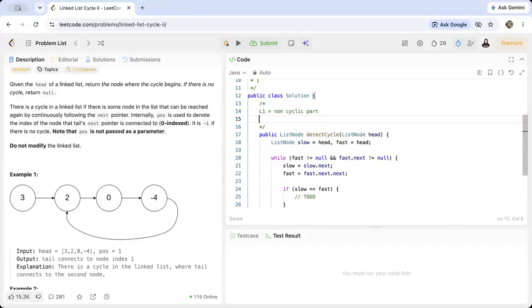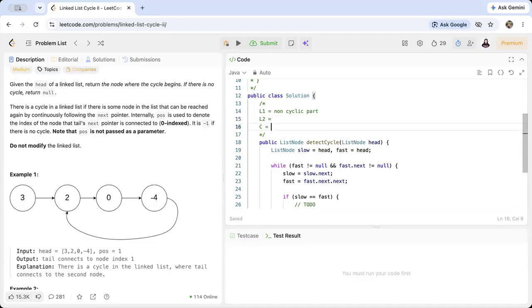L2 is where they meet. And let's say C is the total number of nodes in the cyclic part, correct? And L2 is the meeting point from the start of the cycle.